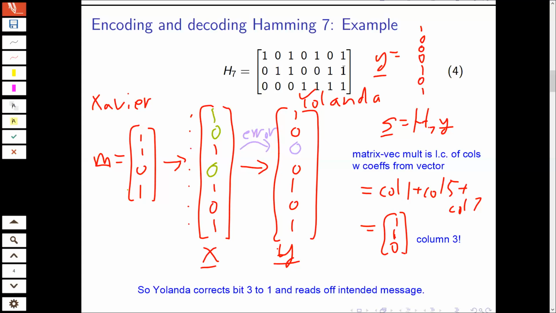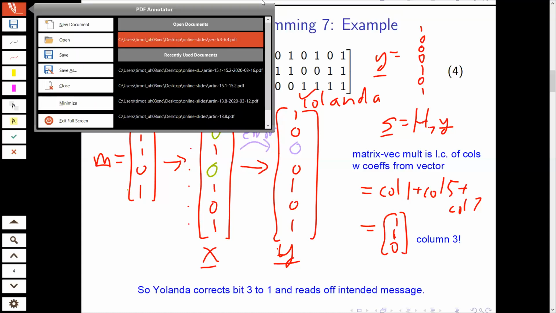Any other questions? Okay, let's see. No. How do I stop full screen?